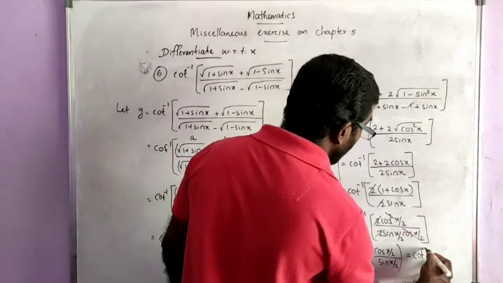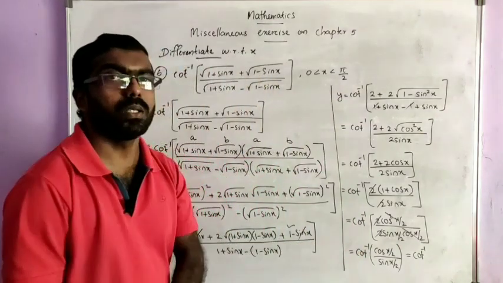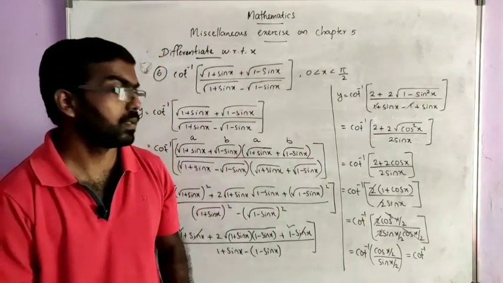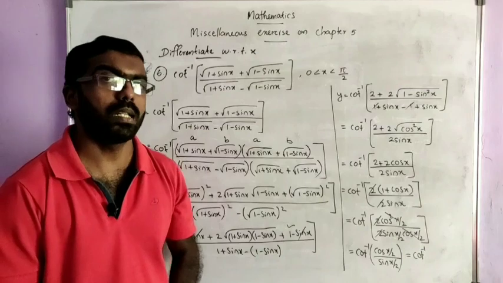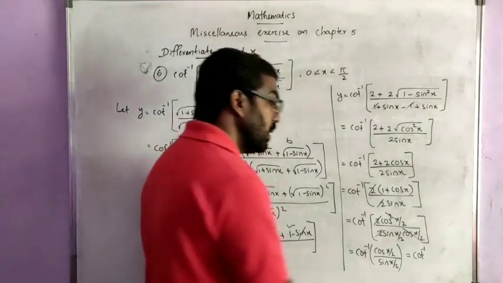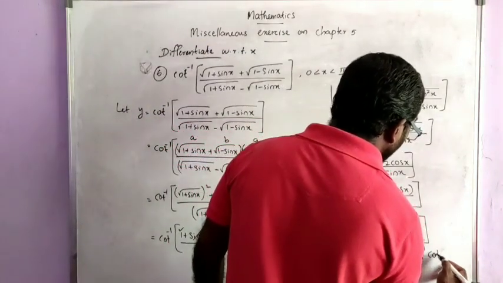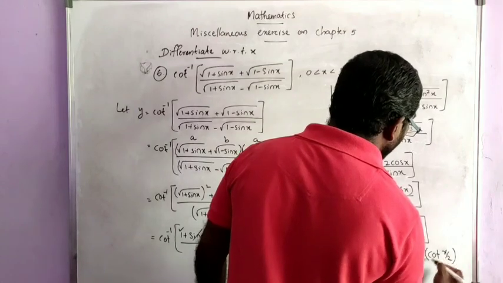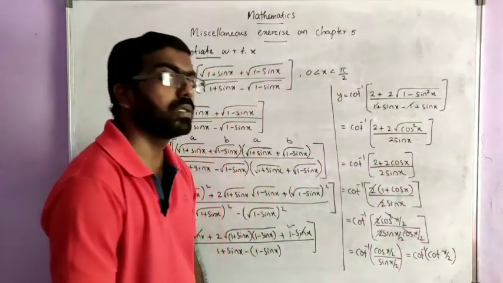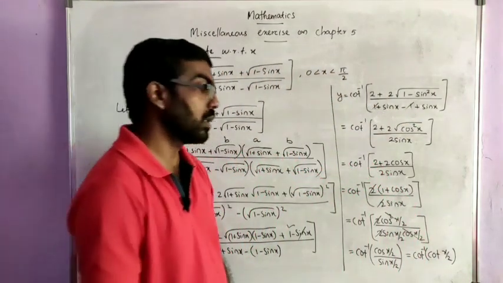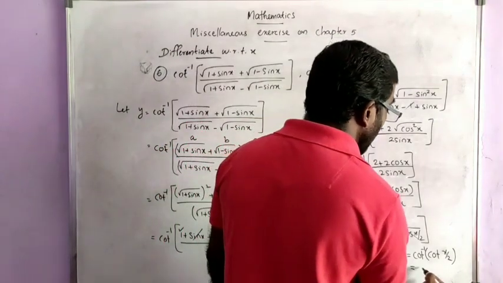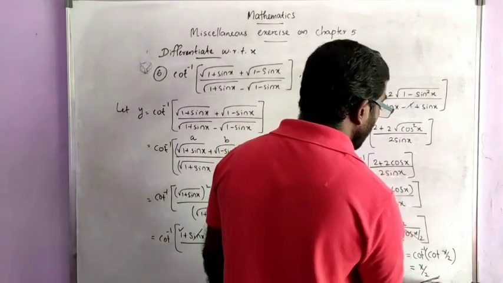That is cot inverse of cos by sin. Cos by sin is what? It's cot. Okay, cos theta by sin theta is cot theta. So here cot x by 2. So cot inverse cot x by 2, and cot inverse cot x by 2 is x by 2.